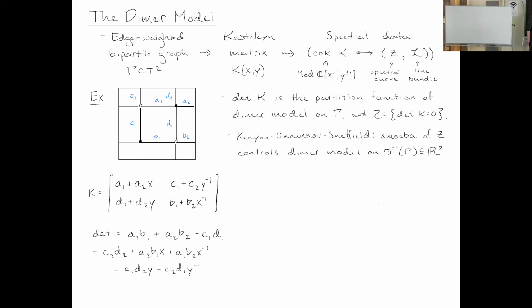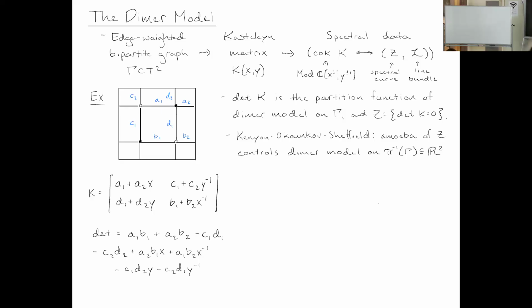So for example, C1 times D2: if I look at the edge labeled C1 and the edge labeled D2, those form a perfect matching because every vertex is at the end of one or the other of those. Right now there's no meaning to those variables. Those are just some extra variables that have been put in here for mysterious reasons.